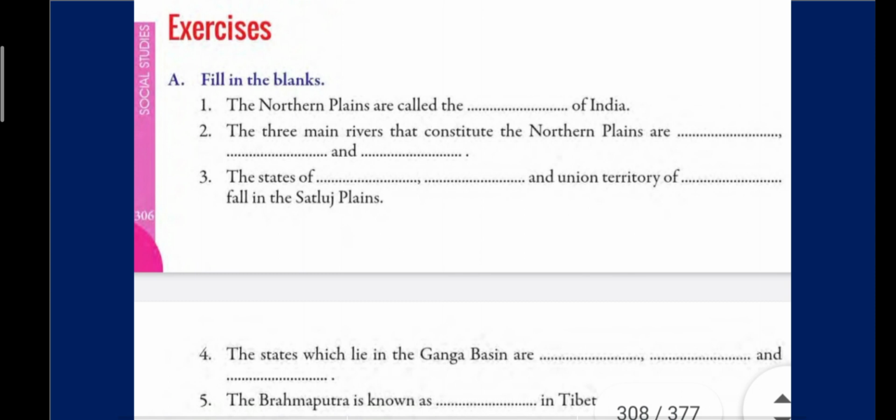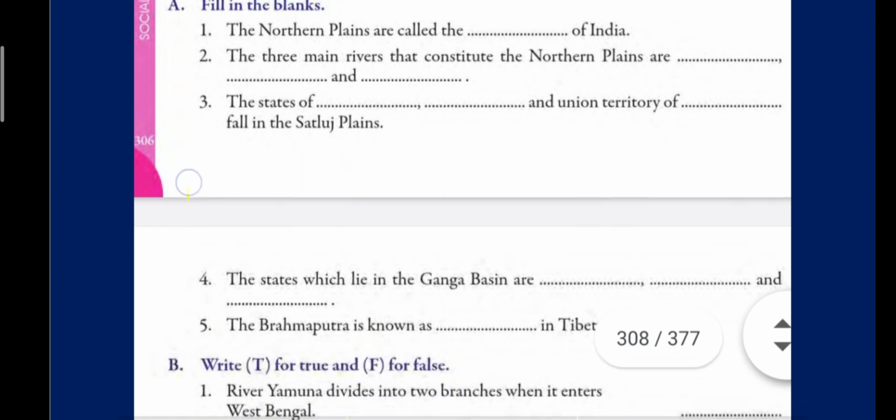The states will be Punjab and Haryana, and the union territory will be Chandigarh. These three fall in the Satluj plains.